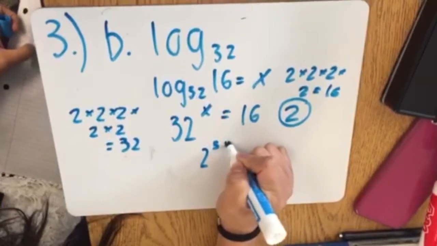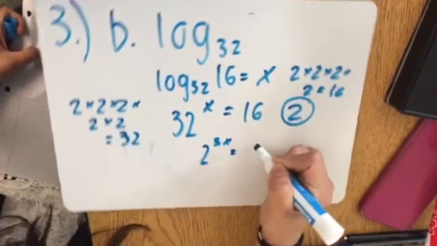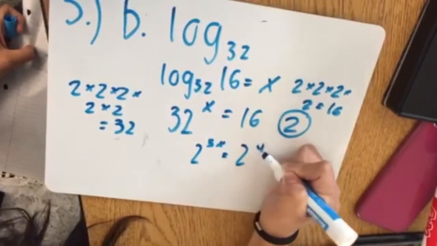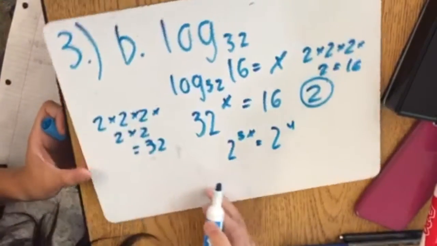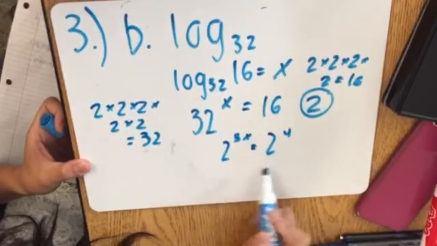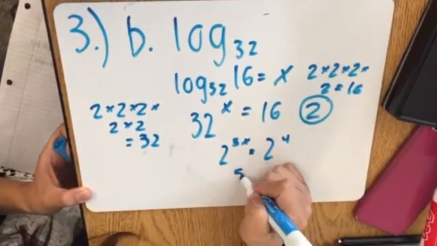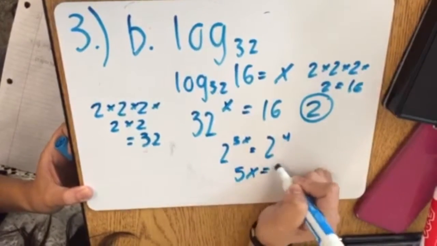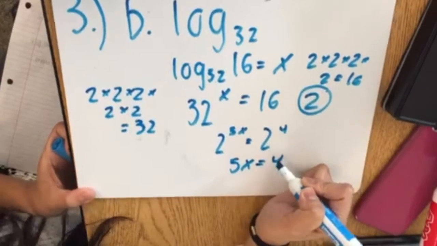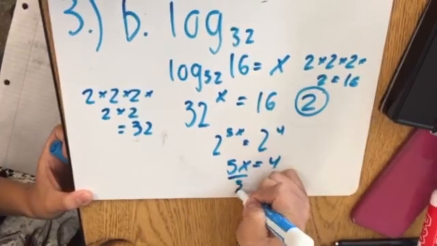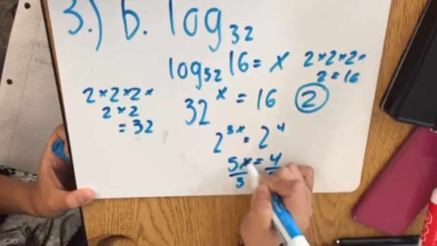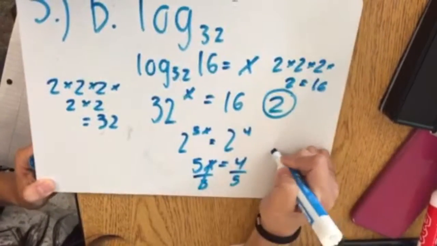So it would be 2 to the 5x equal to 2 to the 4th power. Since we have both the same bases, we would be left with 5x equal to 4. Solve for x by dividing both sides by 5, getting 4/5 as the answer.